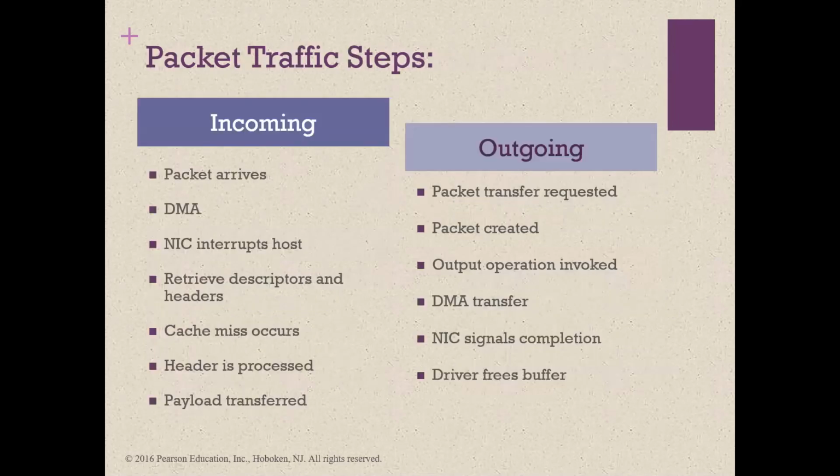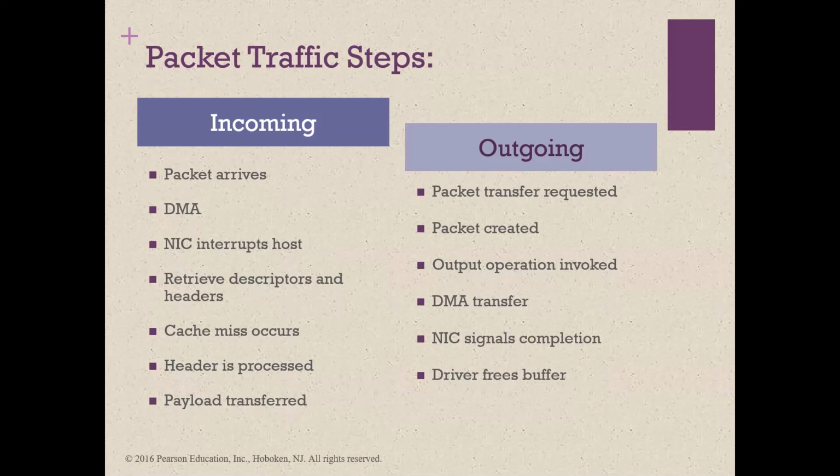So a number of steps are involved actually. I'm not going to go into details, but just the generic one for you to know. In respect of the incoming traffic, the packet arrives, and the DMA module will transfer the data, including the packet descriptor, to the main memory.